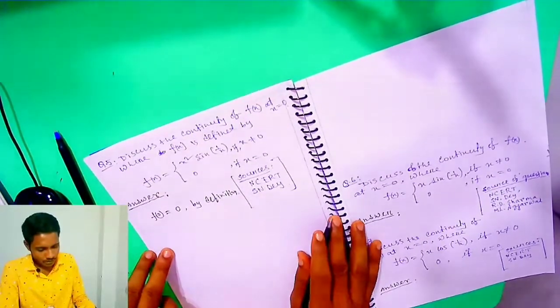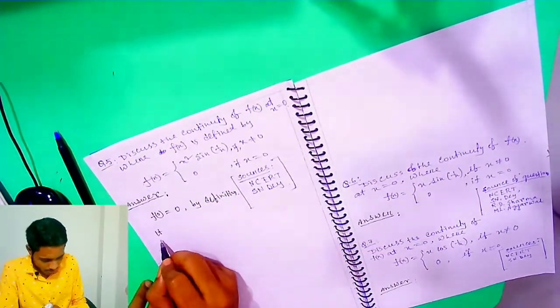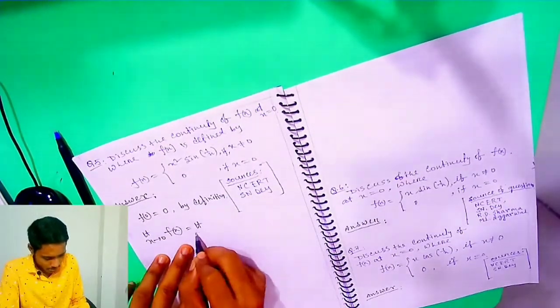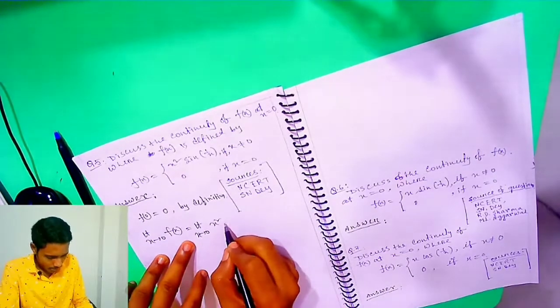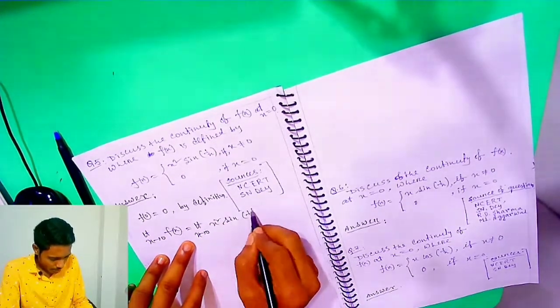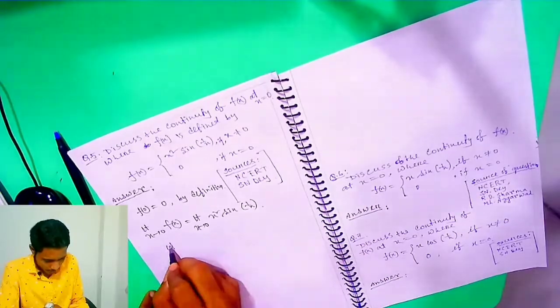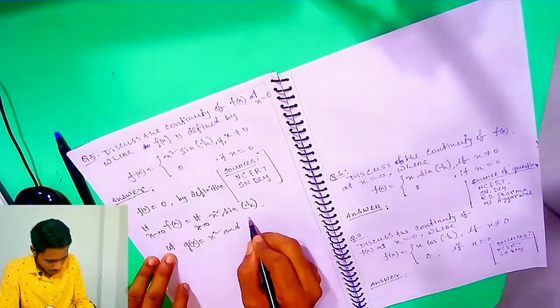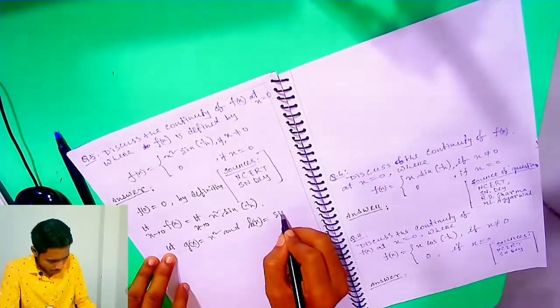Now, limit x tends to 0, f of x is equal to limit x tends to 0, x square sine 1 by x. Let g(x) is equal to x square and h(x) is equal to sine 1 by x.